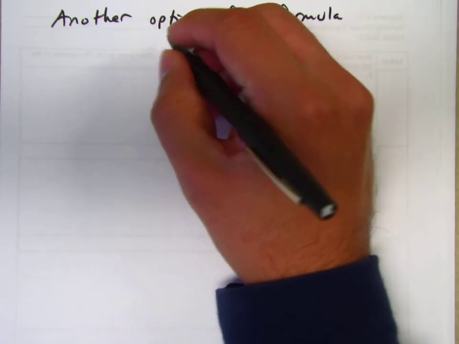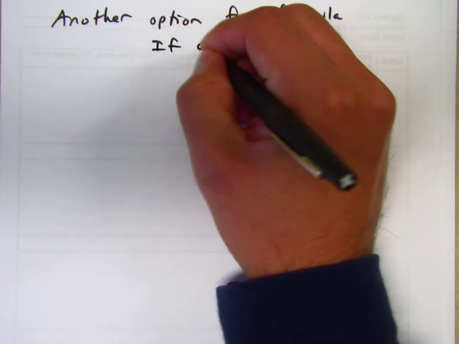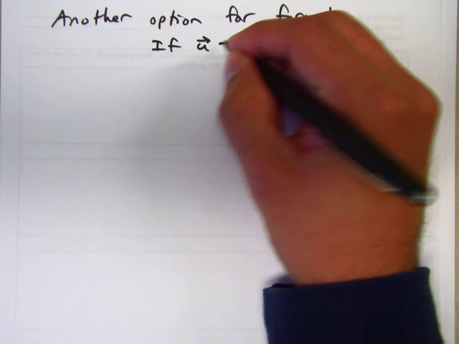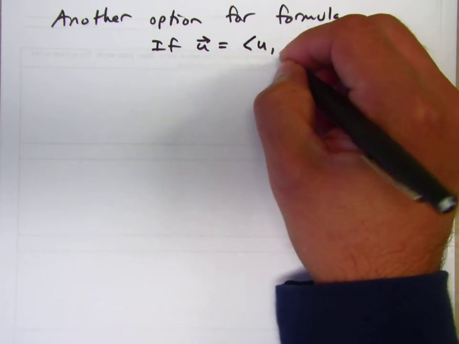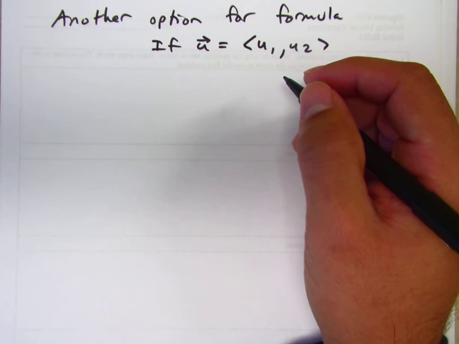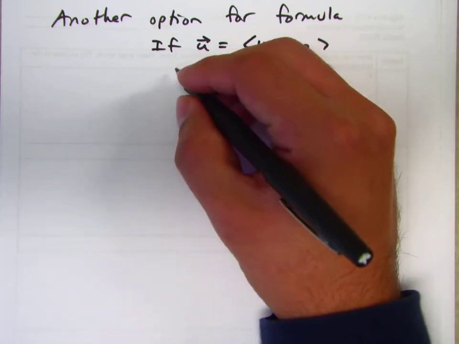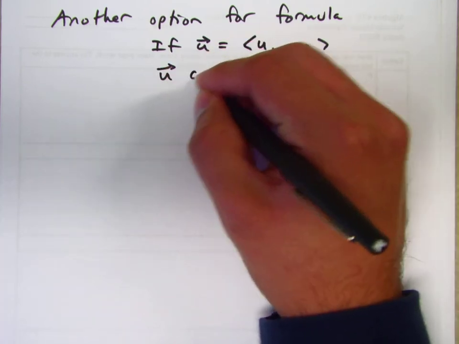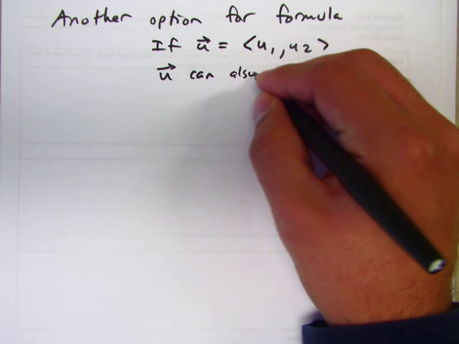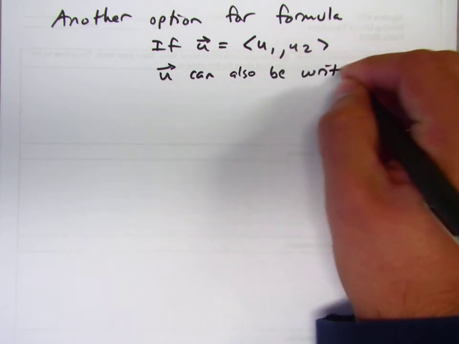Remember that if we have a unit vector with components u1 and u2, which is what we use in the previous formula, you could also write u in terms of the trig functions.